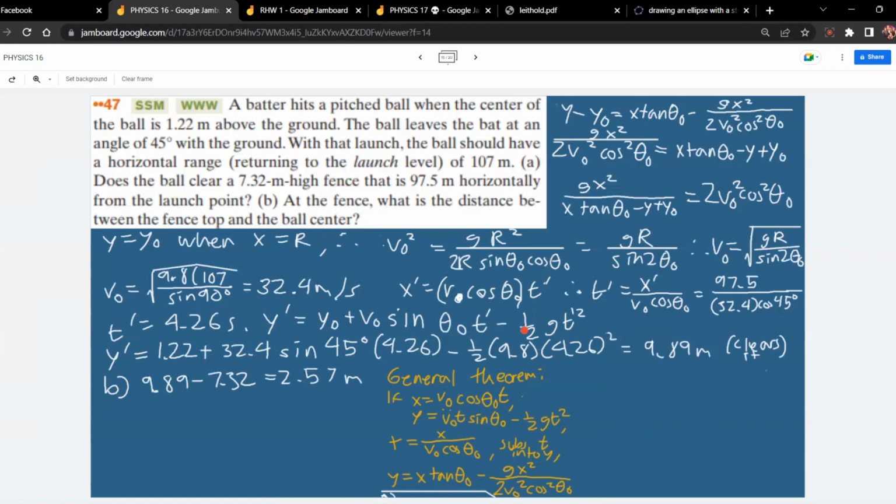Okay, so nagsisimula ako dun sa theorem na sinetap, except since iba yung launch level, so y minus y naught instead of y. So yun yung starting equations. Tapos kailangan mo i-state yung return to launch condition: 0 equals r tangent theta minus g r square over 2v naught square cosine squared theta.